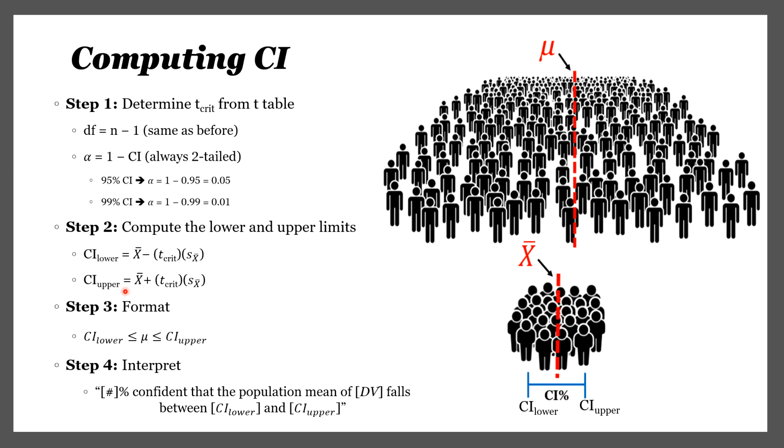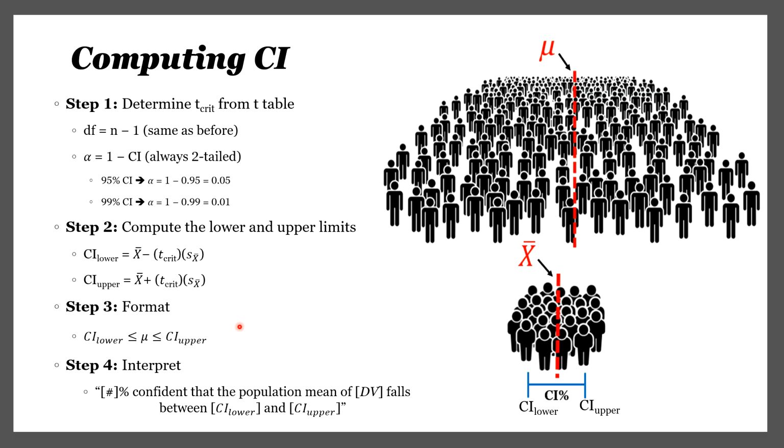The upper limit is x bar plus the critical t value times the standard error. That gives you the two values, the lower and the upper limit that define the interval.